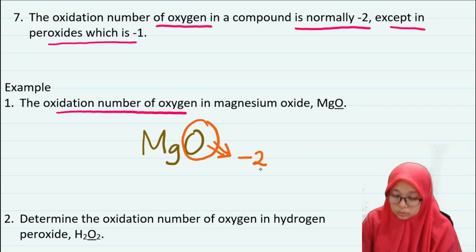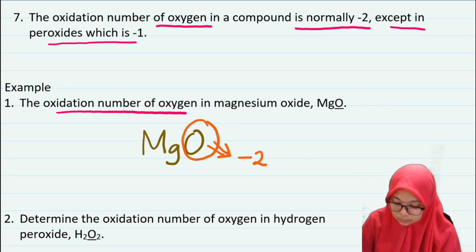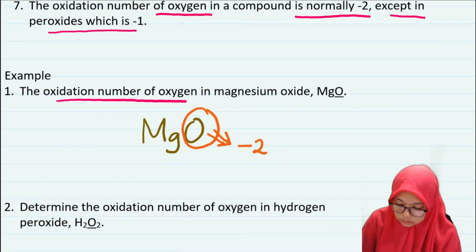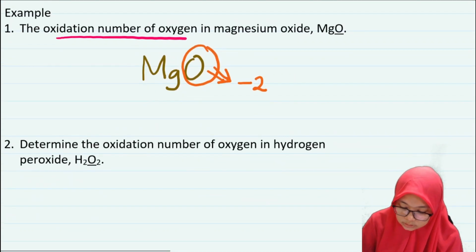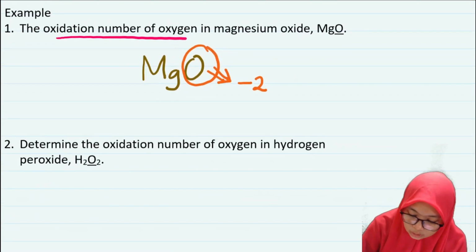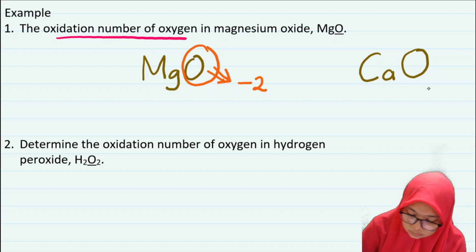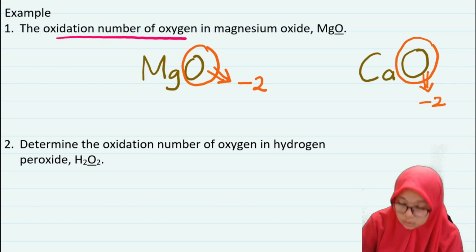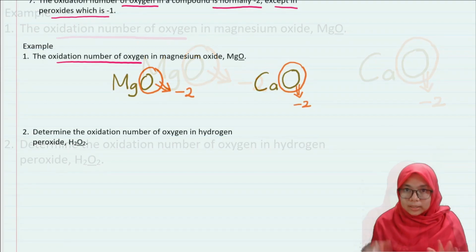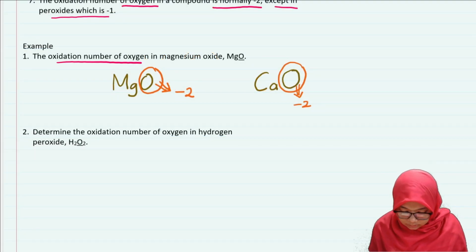Oxygen is always negative 2 except when it reacts with hydrogen to form hydrogen peroxide. Another example, let's say you have calcium oxide. The oxidation number for oxygen here is also negative 2. Always negative 2.